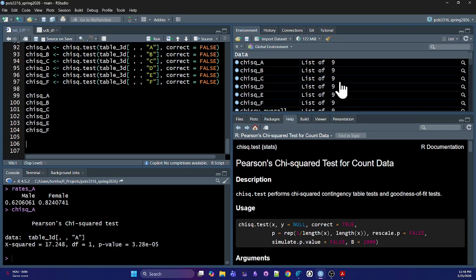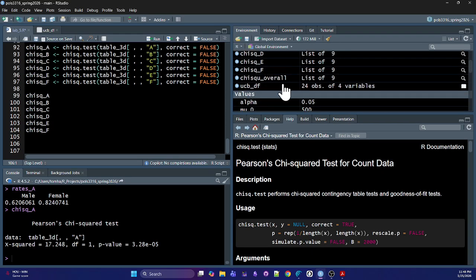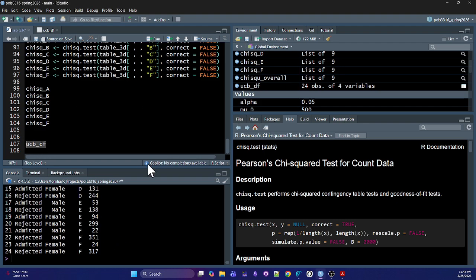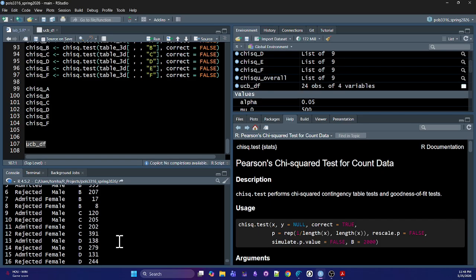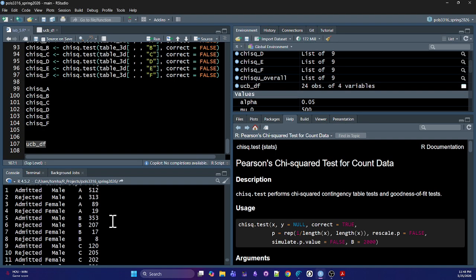Actually, I think we can see it better if I just show you the table that has the application rates or the total. Department A, lots of males applied. That's the one where females were admitted at a higher rate.